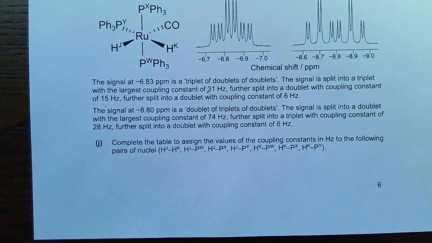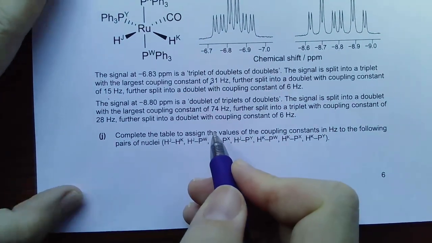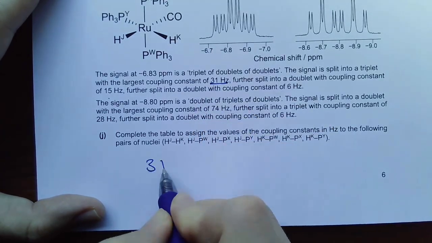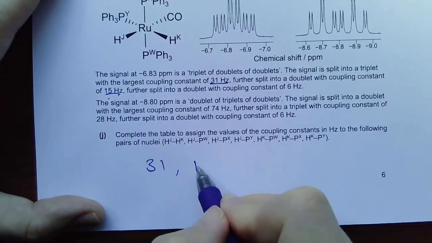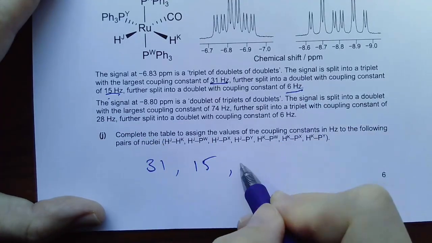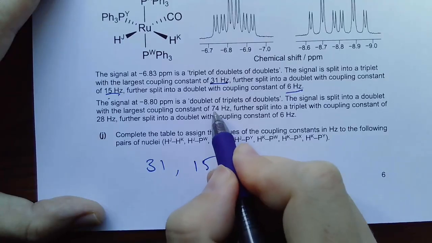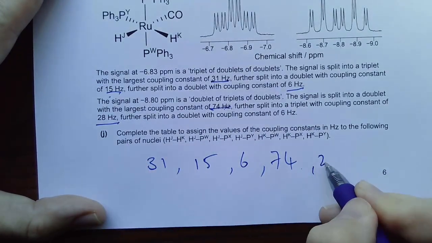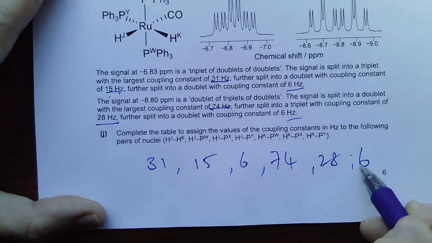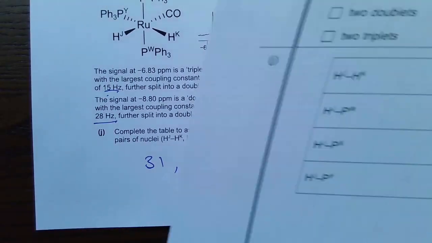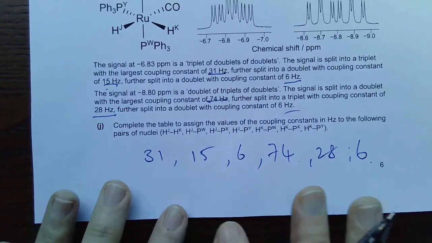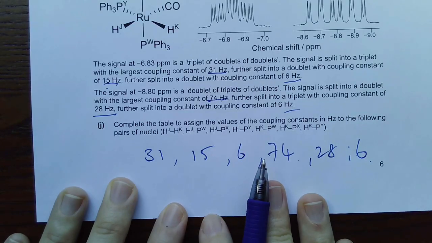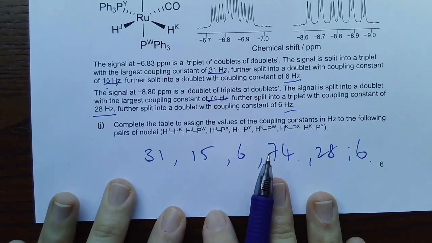So it's important for us to realise that I've been given these numbers: 31, 15, 6, 74, 28 and 6. All of these is going to be one of these, and I will have to use all of them, but some of them I will need to use twice.